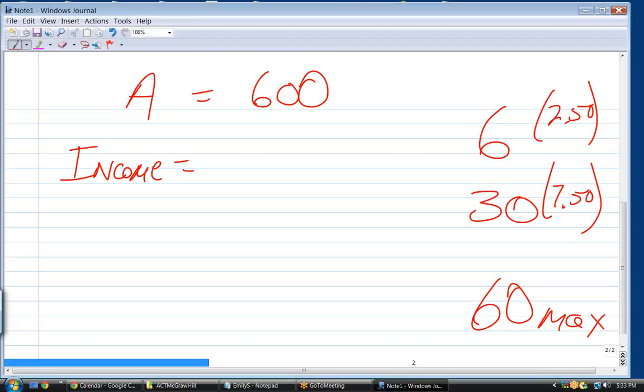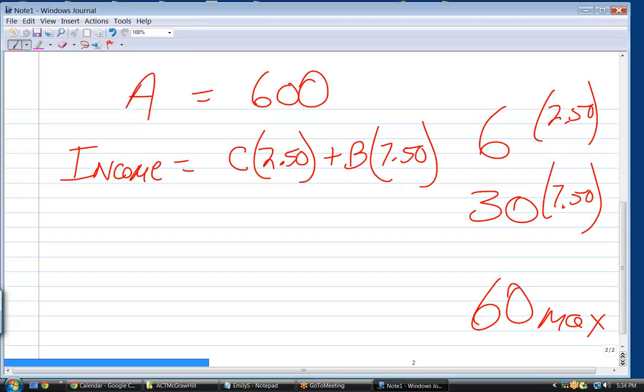Well, first of all, let's define what our income is going to be. $7.50 for buses and $2.50 for cars. So cars times 250 plus buses times 750. So that's our income that we're trying to maximize.